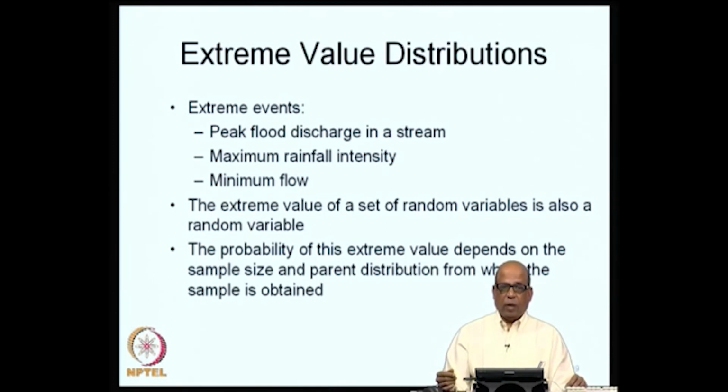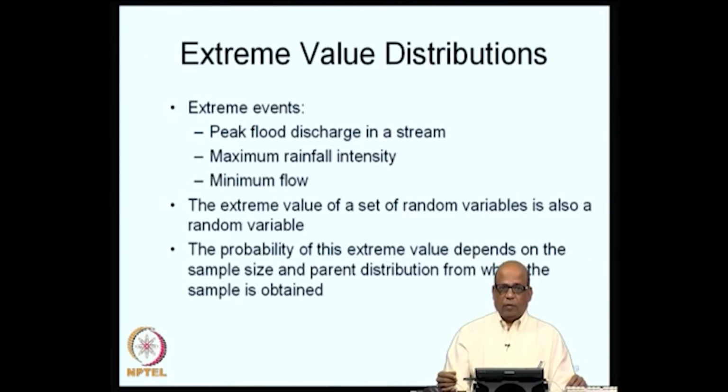Similarly, the maximum rainfall intensity, as I just mentioned for the exponential distribution: we will be interested in rainfall intensities in an urban area, what kind of rainfall intensity we can expect in, let us say, the city of Bangalore, the city of Mumbai, and so on. We would be interested in the maximum rainfall intensity, because we would be using these high intensity rainfalls for our hydrologic designs.